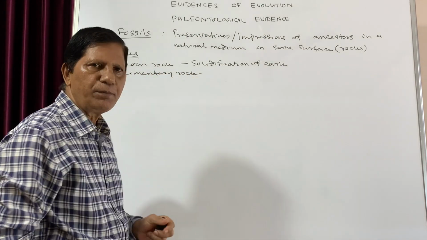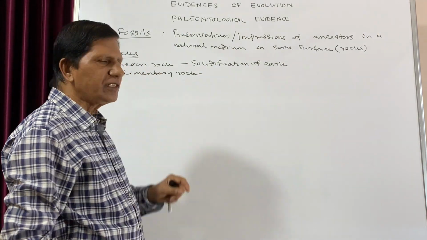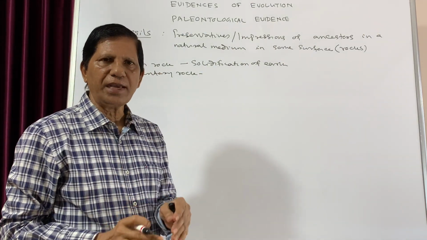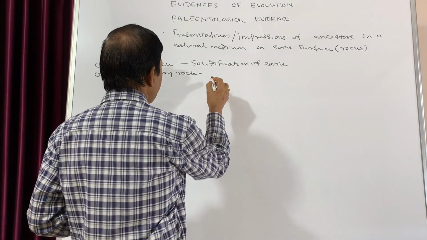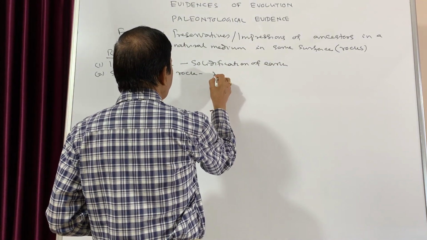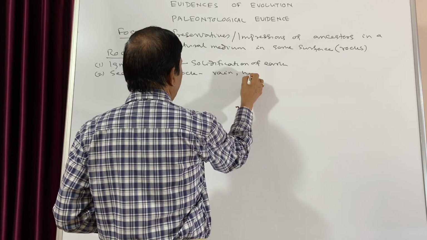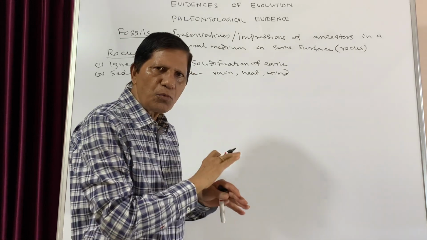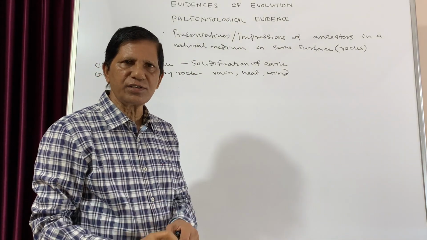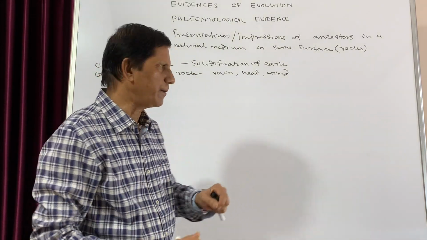Now sometimes what happens, the igneous rock is broken either due to rain, heat or wind, and they are all washed away through the rivers and finally they reach the ocean.